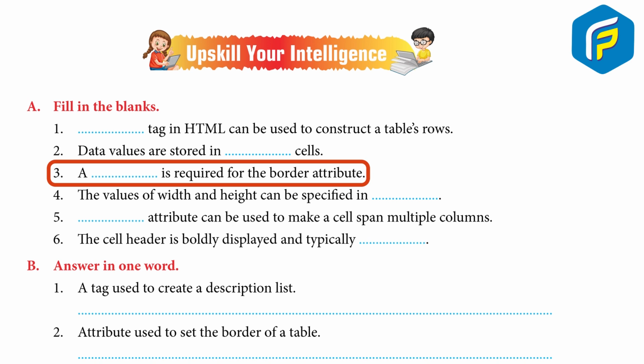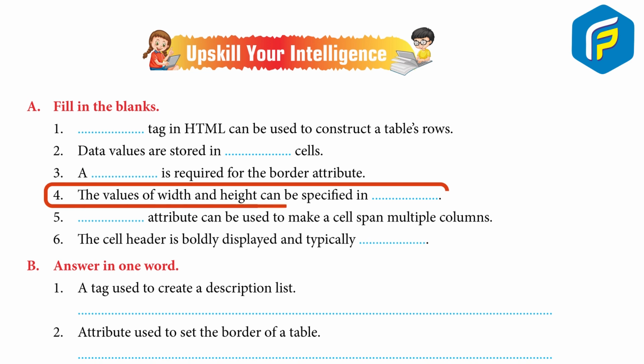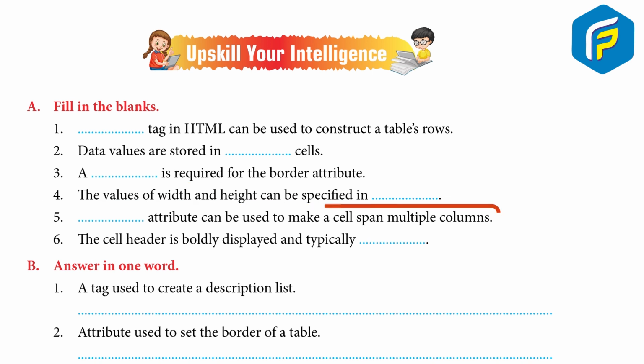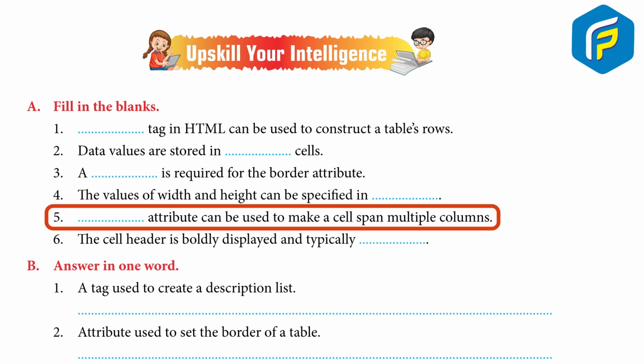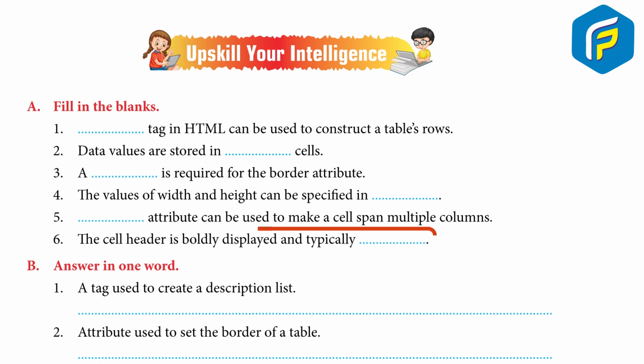Answer: number. 4. The values of width and height can be specified in dash. Answer: pixel. 5. The dash attribute can be used to make a cell span multiple columns. Answer: colspan. 6. The cell header is boldly displayed and typically dash. Answer: centered.